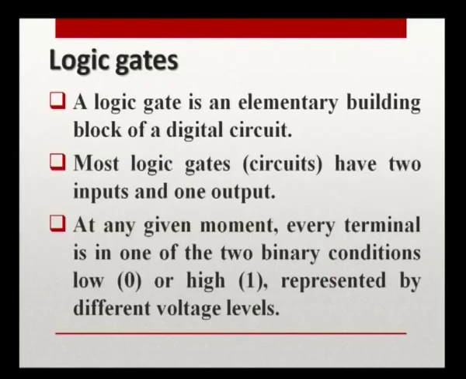The key factor of the logic gate is the output is just 1. We can have any number of inputs, at least 2 inputs for some of the gates. We have a gate which has only one input also and one output, but invariably all the gates will have an output as one terminal, one output.